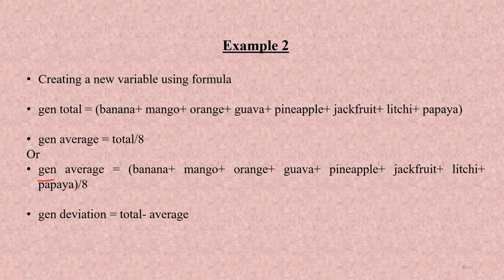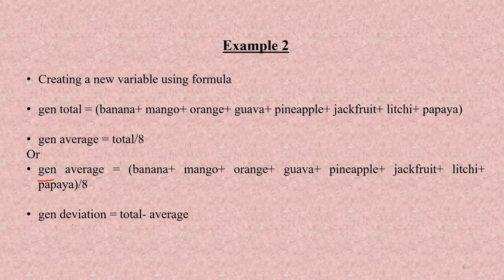Now suppose we need the deviation, the difference between the total area and the average area under these 8 fruits. We have the total already created and the average variable already created. Now for the deviation between them, we again use a formula, and for this purpose we again type generate, space, name the new variable as deviation.